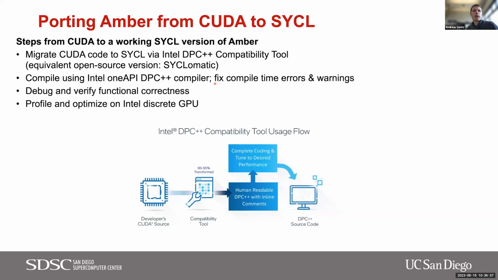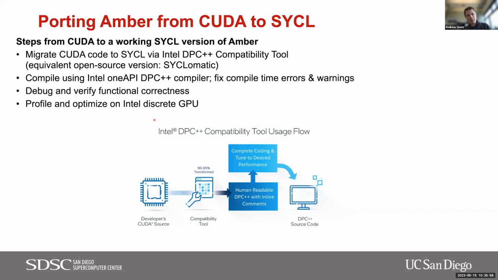You fix compile time errors and warnings, and there are still many things to fix, but SYCLomatic is a pretty good tool that helps you get 80 to 90% of your code ported, and then you debug, verify for functional correctness, and profile and optimize on Intel GPUs, and that's where we are right now.